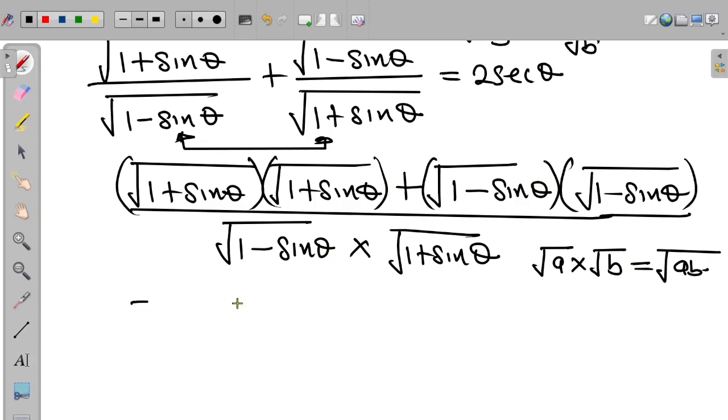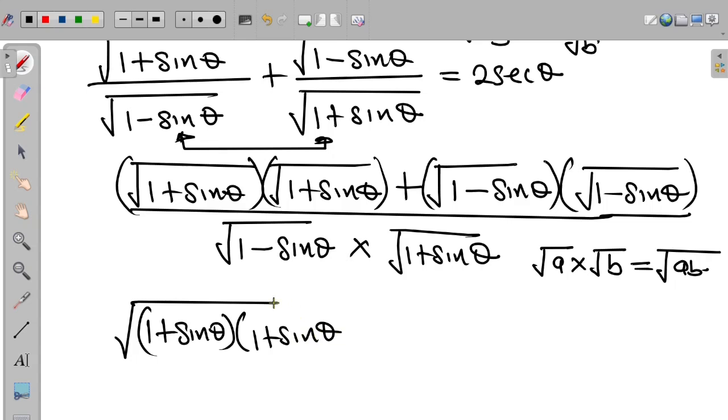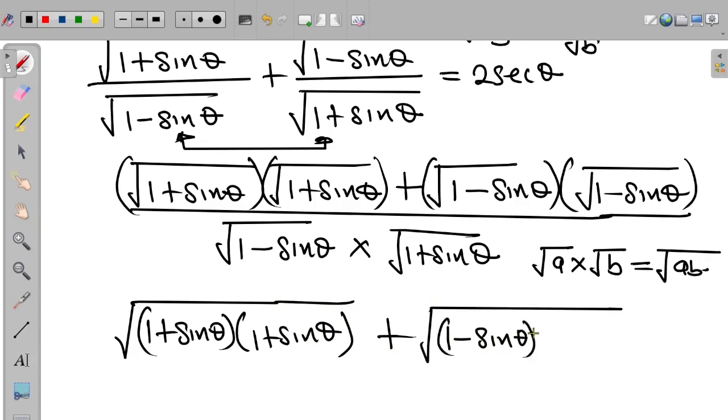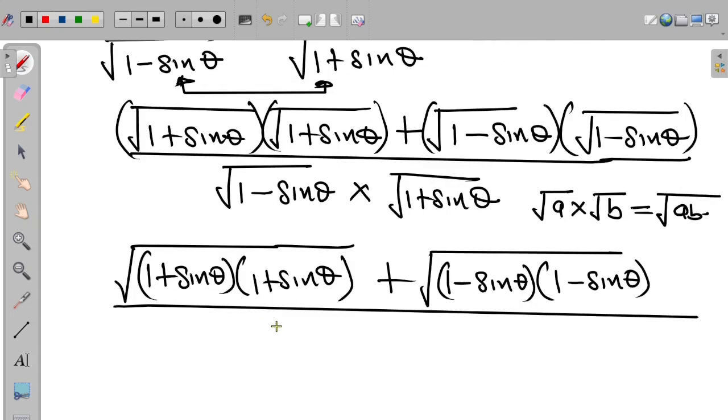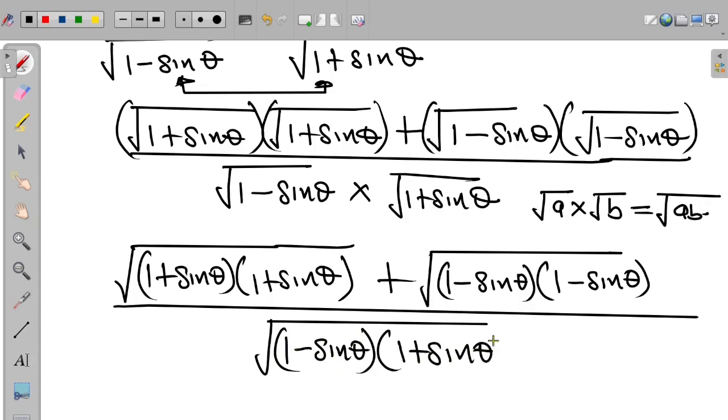So we have that this becomes root of 1 plus sine theta multiplied by 1 plus sine theta plus root of 1 minus sine theta multiplied by 1 minus sine theta, all divided by root of 1 minus sine theta multiplied by 1 plus sine theta.